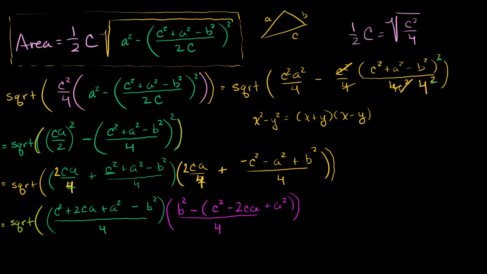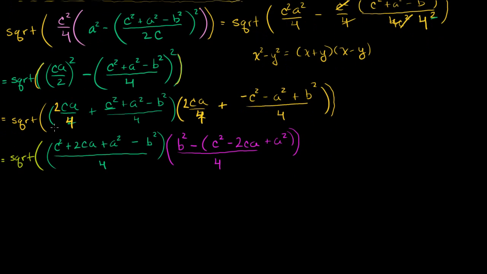Now, the next thing we need to recognize, or hopefully we can recognize, is that this over here, this might get a little bit messy, that's the same thing as c plus a squared. Let me write this. This is equal to the square root, open parentheses, of this over here is c plus a squared minus b squared over 4.